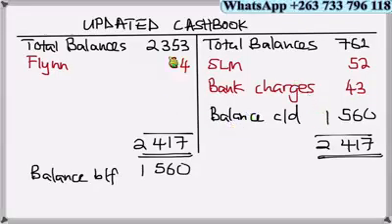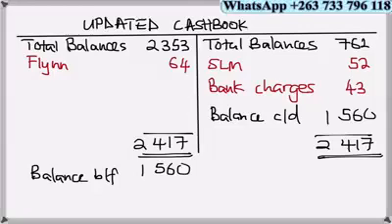Therefore, if we balance the accounts, 2,417 minus 762, 52, and 43, the cash book balance will be 1,560, which is the positive cash book balance.